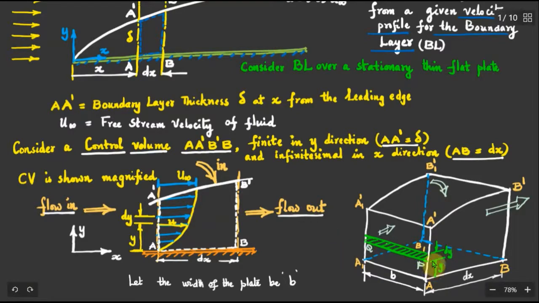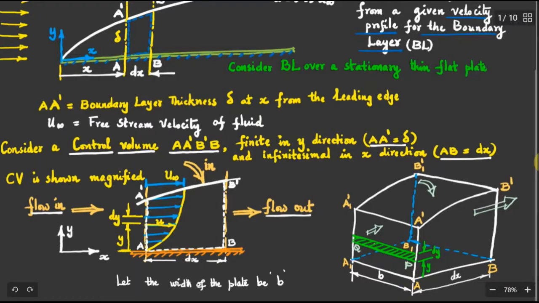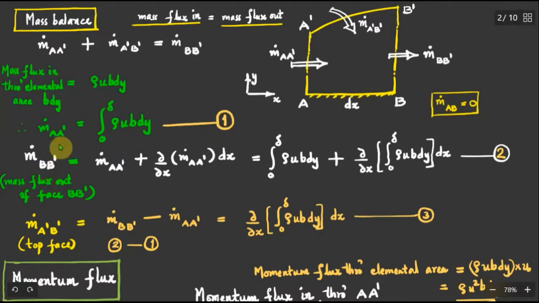So in order to get the mass flow rate through the entire face A dash, we will integrate the mass flow rate through the elemental area over the boundary layer thickness. See, A dash is equal to delta. So here we have the mass flow rate through the left face A dash, that is equal to integral 0 to delta rho u B dy. Let it be equation number 1.